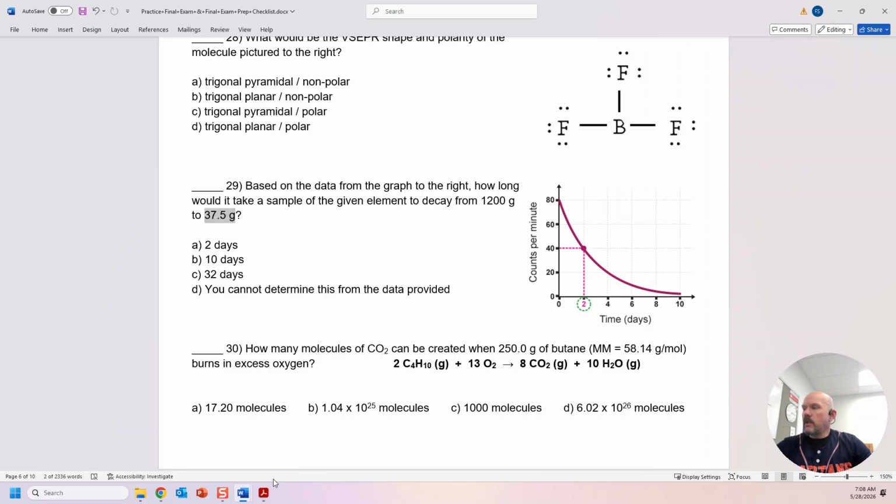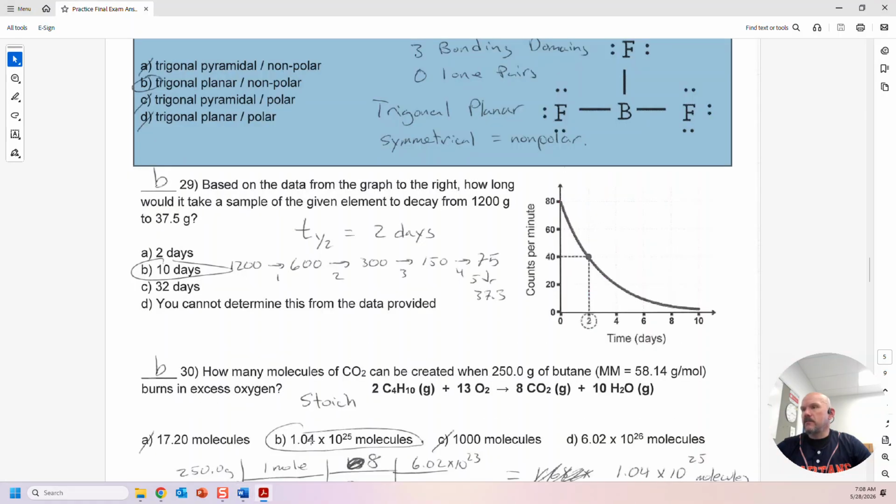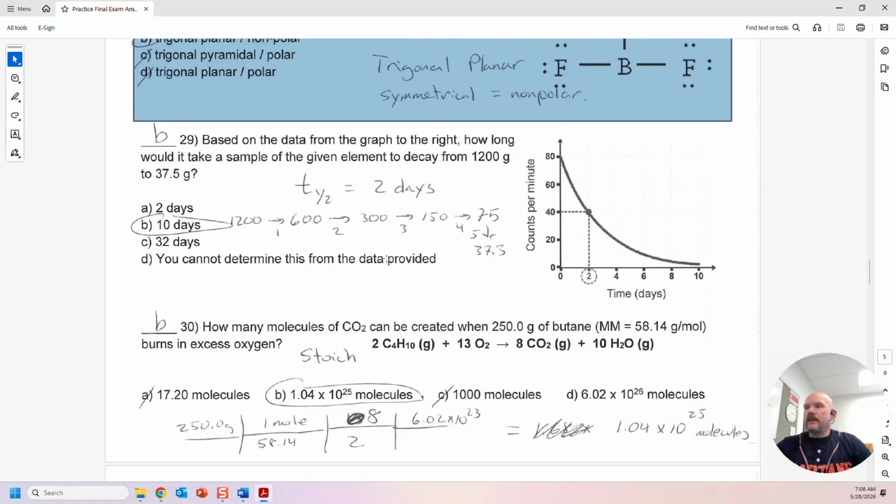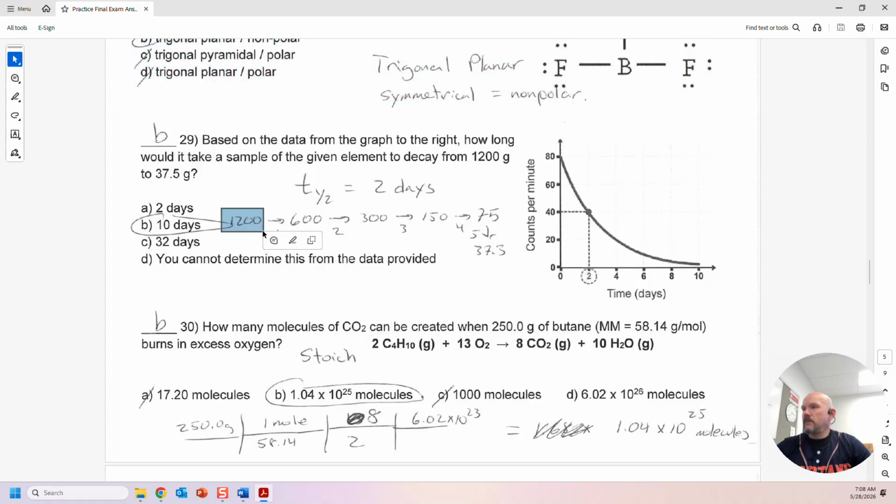So, we could use an equation, or we could just do it the easy way. We'll take 1,200 and we'll divide it by 2, and we'll keep dividing what we get by 2 until we get to 37.5. And the number of times we divide by 2 are the number of half-lives, and each half-life is 2 days.